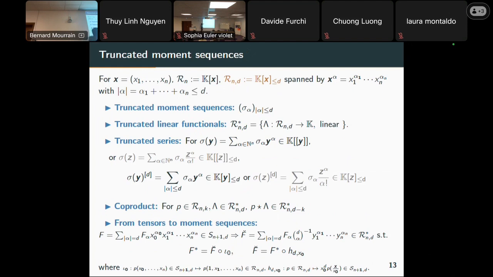So this is the same as this, different ways to look at the same object. Different representations. It's about representation, but mathematically these are linear functionals over the space of polynomials up to degree d.